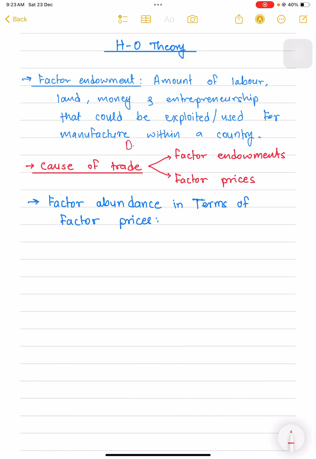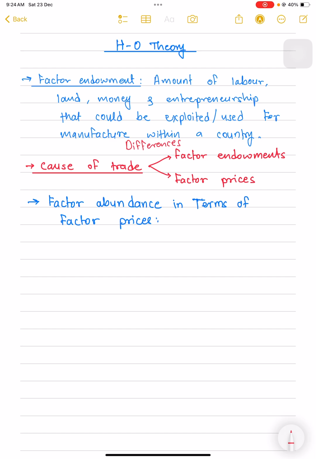Differences in factor endowments and differences in factor prices. Yes, so some countries have more capital, others have more labor. For example, USA has more capital and India has more labor.